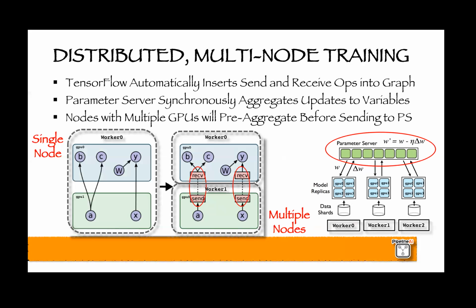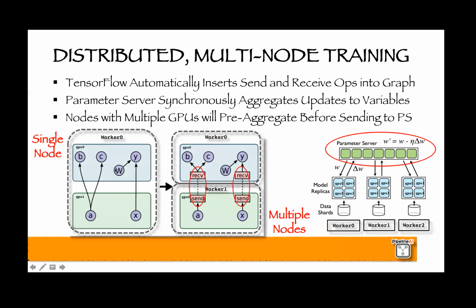Instead of making 12 separate calls from each GPU into the parameter server, it will pre-average on each worker and send one update per worker. That just reduces communication to the parameter server. The downside is that you're pre-averaging and then doing another average based on the number of workers, but at this kind of scale, lowering communication certainly helps.